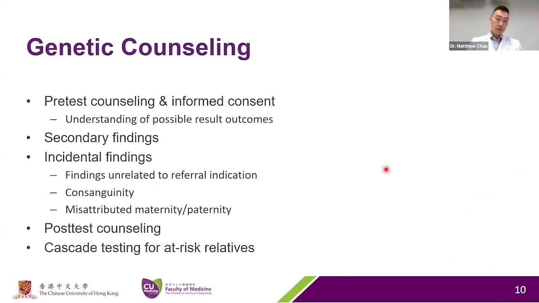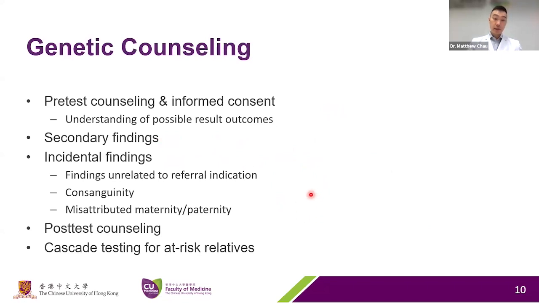There is also the chance of identifying secondary findings. With this, I'm talking about the ACMG secondary findings list of potentially medically actionable findings. There can also be incidental findings, for example, mutations in genes that are associated with a disease not related to the referral indication.